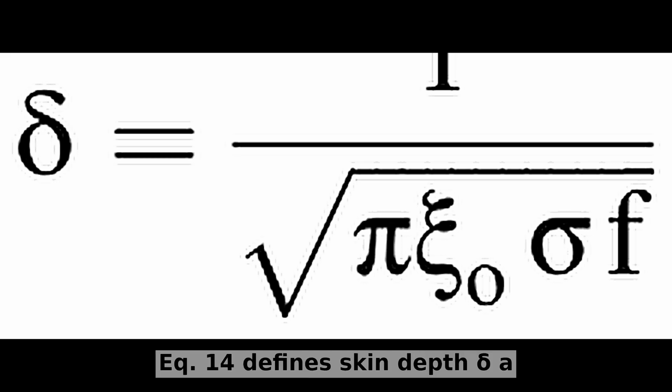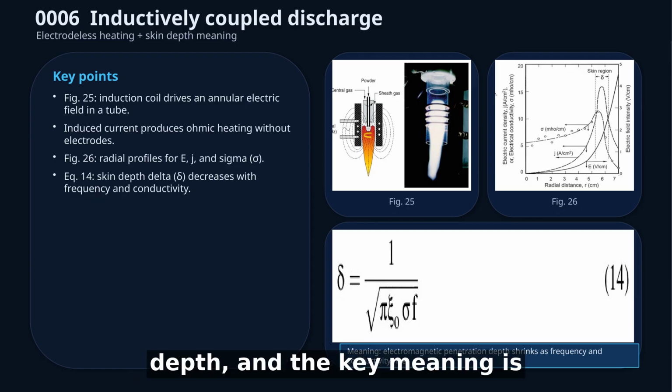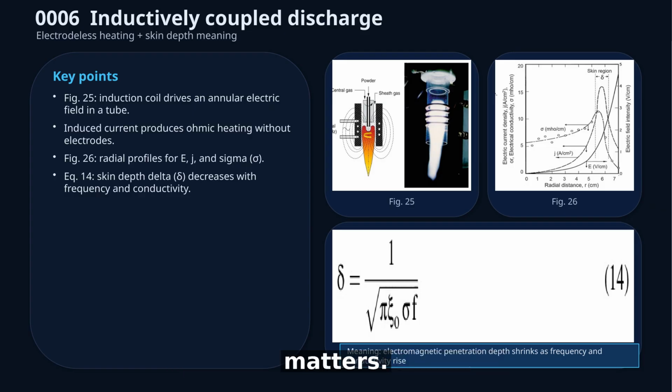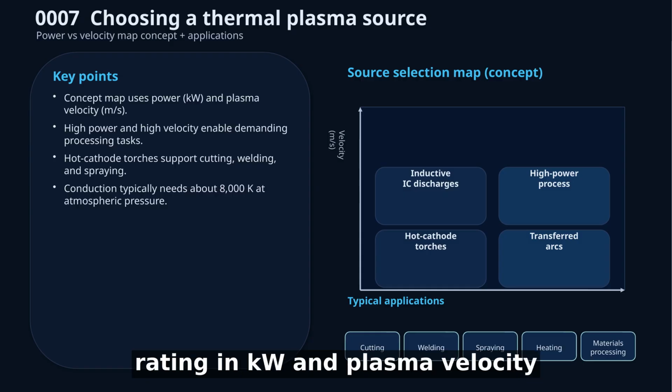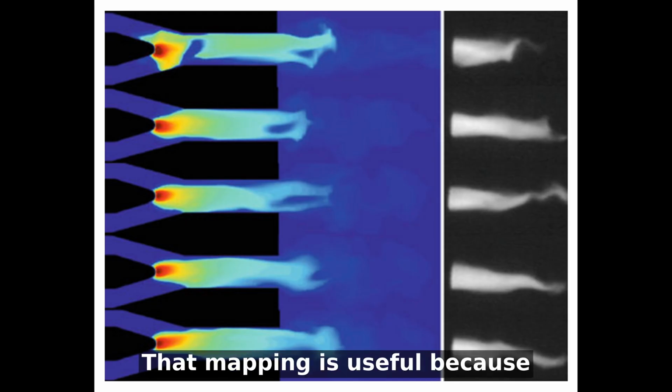Equation 14 defines skin depth delta as the electromagnetic penetration depth, and the key meaning is that penetration decreases as applied frequency and electrical conductivity increase, while magnetic permeability also matters. Figure 27 is used as a map of thermal plasma sources organized by nominal power rating in kilowatt and plasma velocity range in m/s.